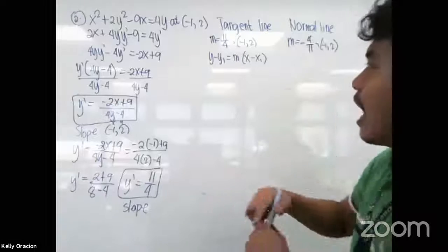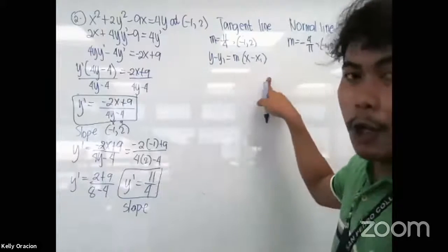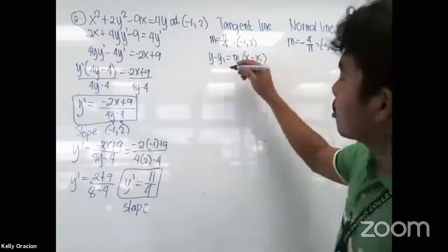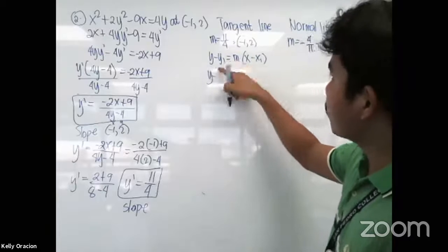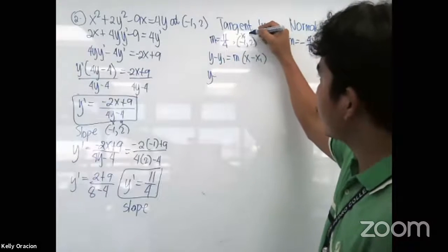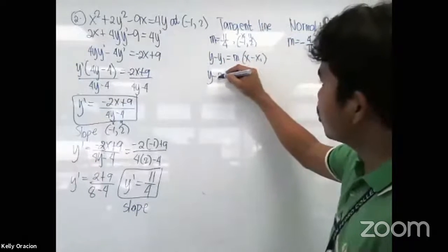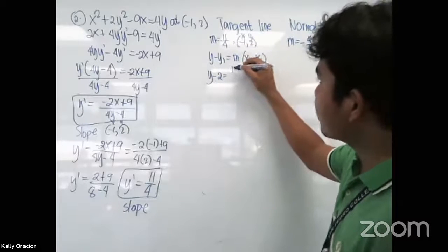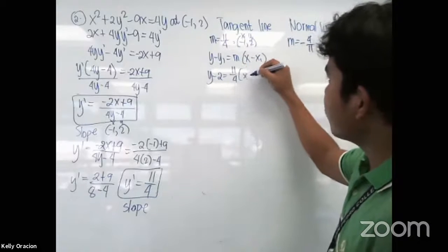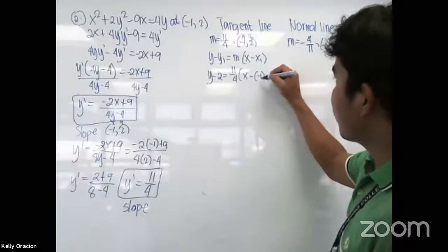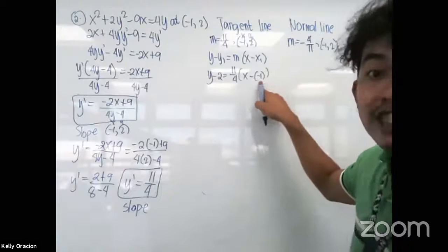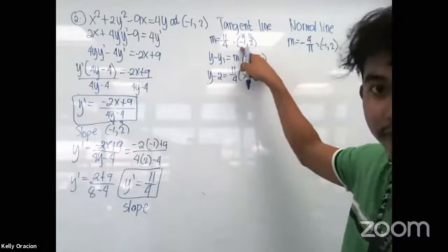Okay? And after this one, we are going to substitute. So y minus our y sub 1, y sub 1 is 2. Our slope is 11/4. x minus -1. It should be x minus -1 kasi -1 man eh.